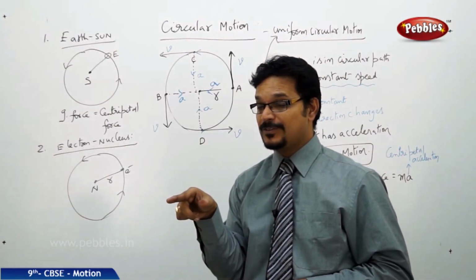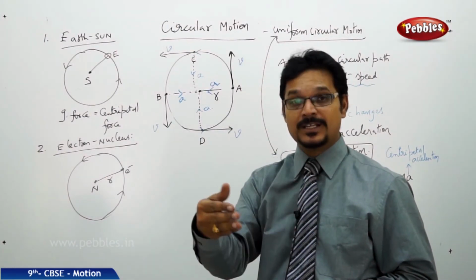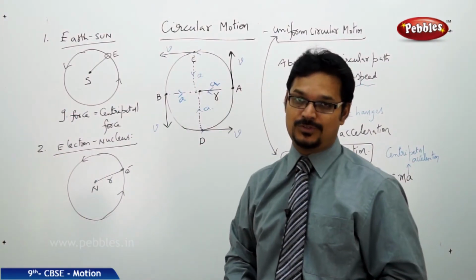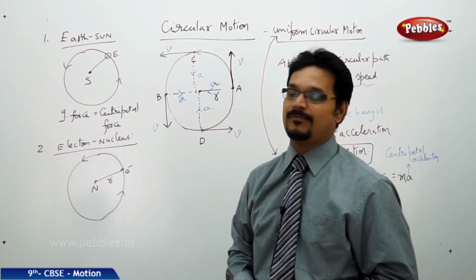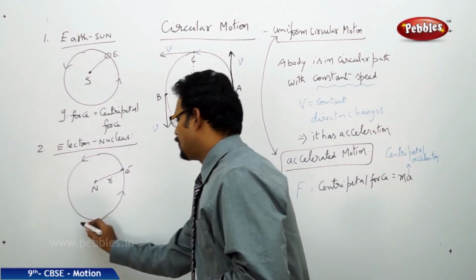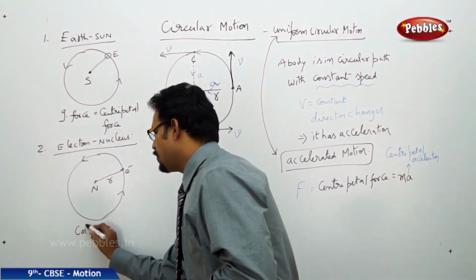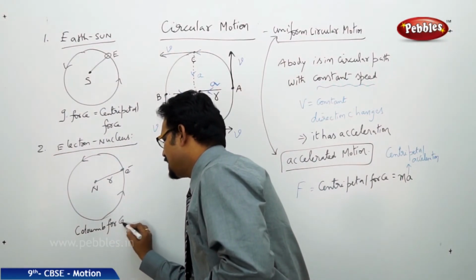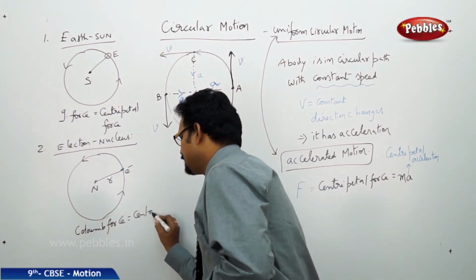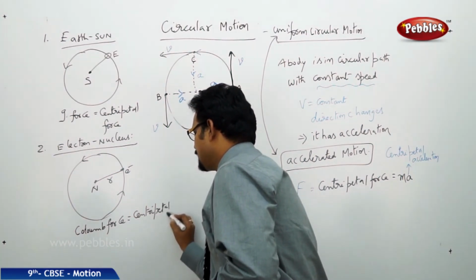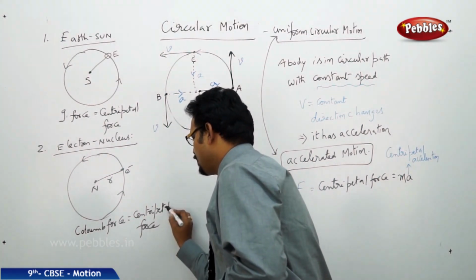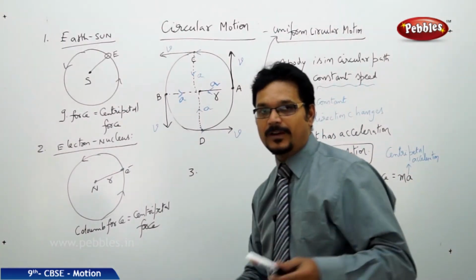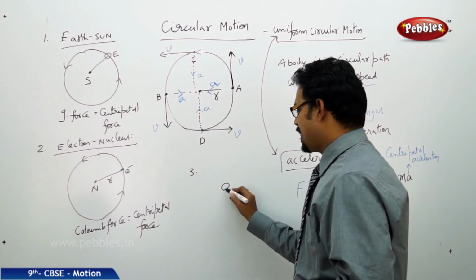But here the centripetal force is not actually acting. Some force is acting like centripetal force, and here we say Coulomb force. Coulomb is the scientist's name. So here the Coulomb force, C-O-L-O-U-M-B, is acting like centripetal force.